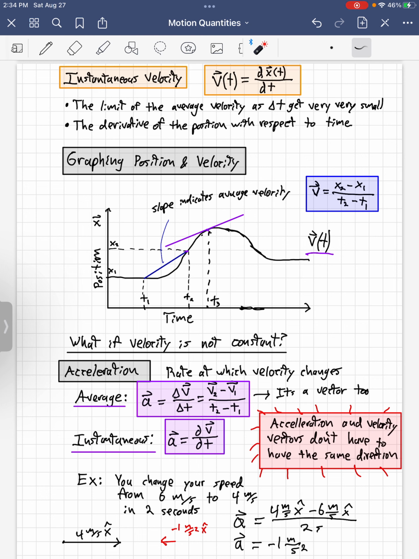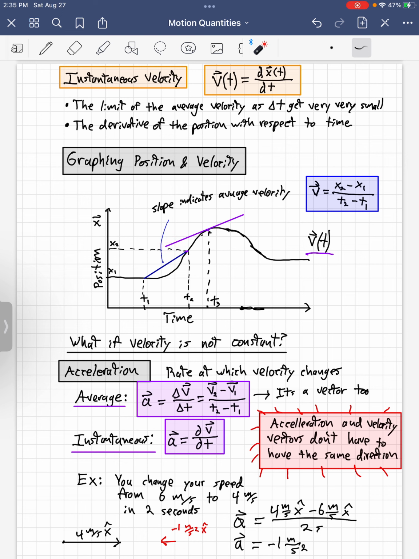But if we wanted to know at exactly time 3 what the instantaneous velocity is, we would draw a line so that it is perfectly tangent to this position curve. And tangent means it's touching at exactly one point, right? And it's perpendicular to the line at the point it's touching.